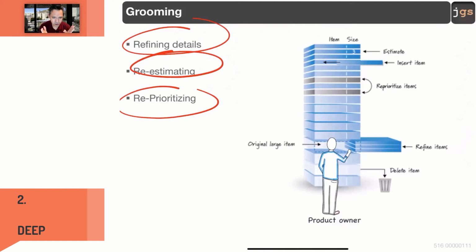Something that is unclear becomes clear. Or adding verification criteria to your stories, whatever, adding information, changing values for the priorities, values for the estimation, whatever. You can do whatever you want with the product backlog at any moment.